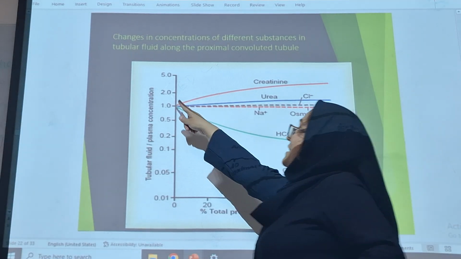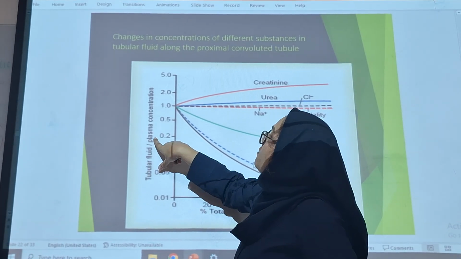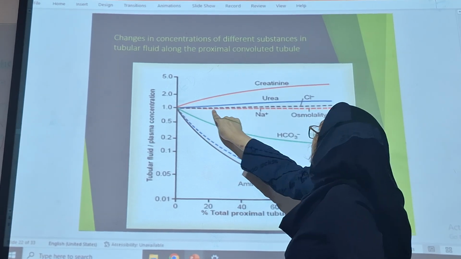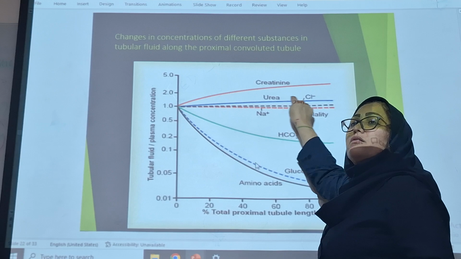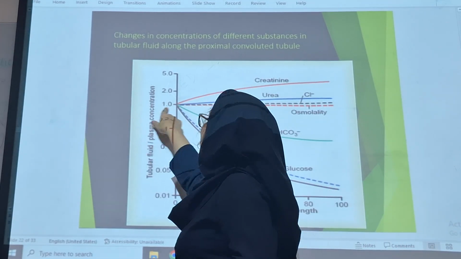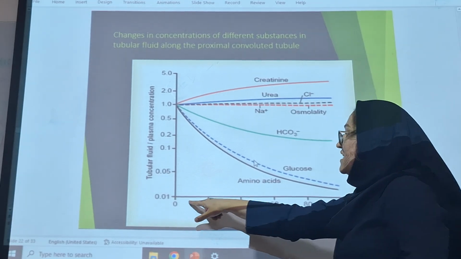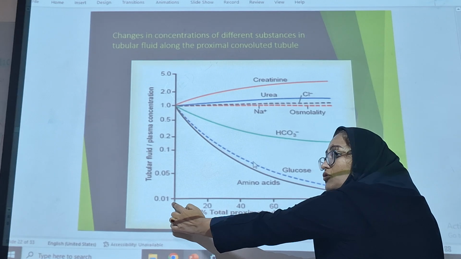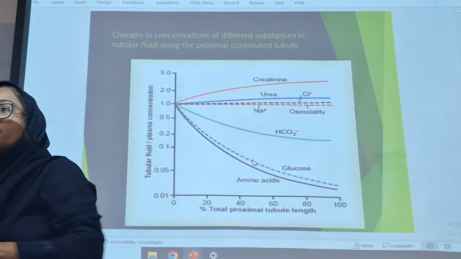This axis shows the tubular fluid to plasma concentration. For sodium and water and osmolarity, it is 1. What does it mean? During the total proximal tubule length, in different parts of the proximal tubule, water and sodium are reabsorbed together.